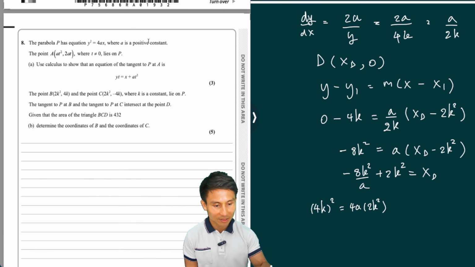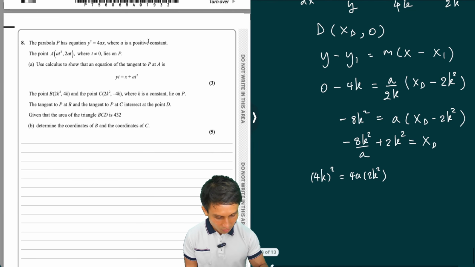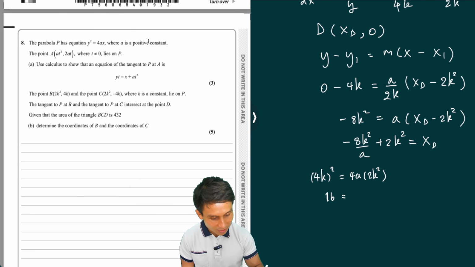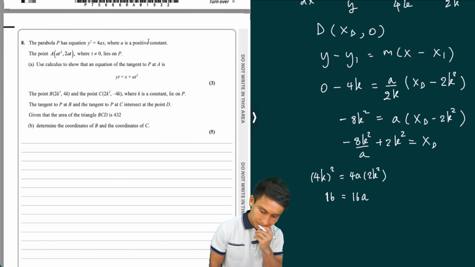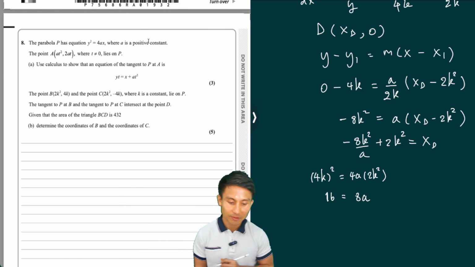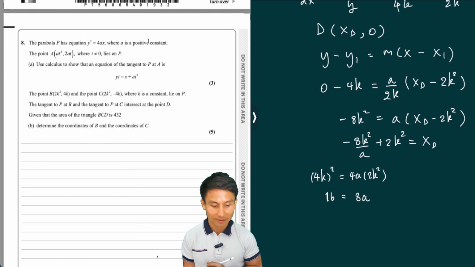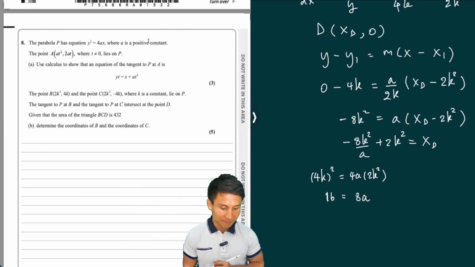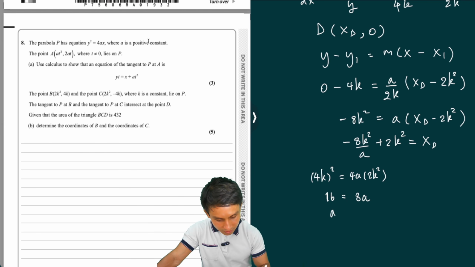Either one is fine. So the k squared cancel there. It's going to solve for a actually. So 16 equals, k squared cancel, so I have also 16a here, right? No, that's not. That's 8a, because it's only the 2k squared for a times x. Okay. So here a equals 2.